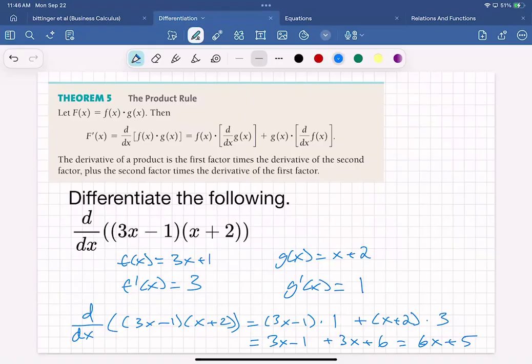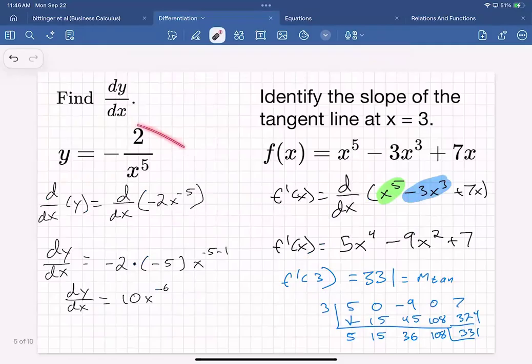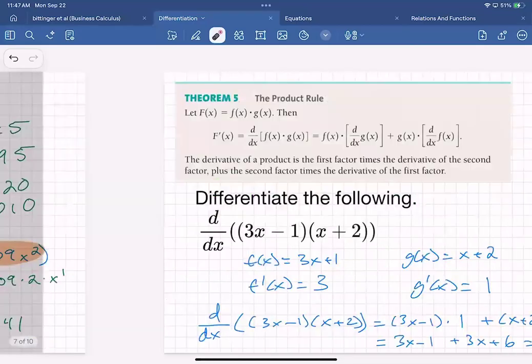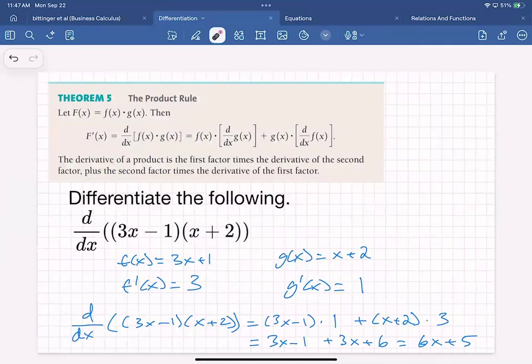But know that now we have a way to deal with multiplication. If we talk about multiplication, guess what else we're going to have to talk about? Division. Now, the good news is thinking like this will help you get away from division to multiplication. So if you ever get stuck, just know that you can use negative exponents to create the product. So as long as you have the product rule, we can move forward, but that's definitely going to be our next step. Any questions, concerns though, as we finish up today?